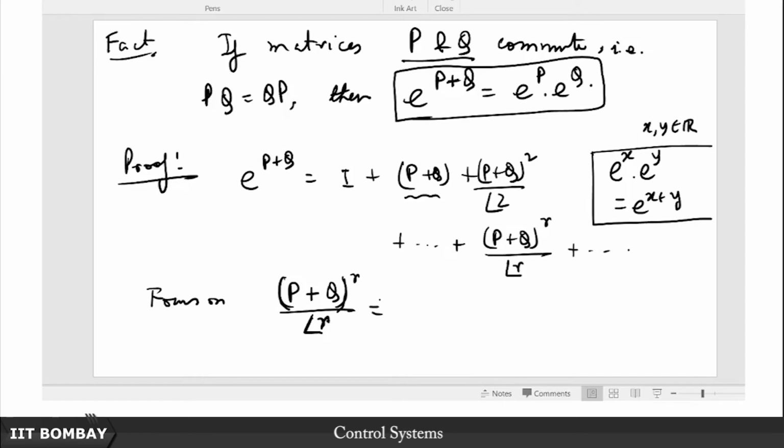What is this p plus q to the r upon factorial r? Notice that this is going to be nothing because this commutes, so I can write that p to the a times q to the b is nothing but q to the b times p to the a. To see that, you just write p a times, and then q, write this b times, and then swap this p and q.